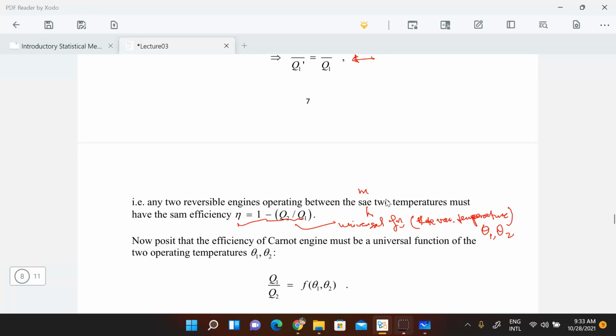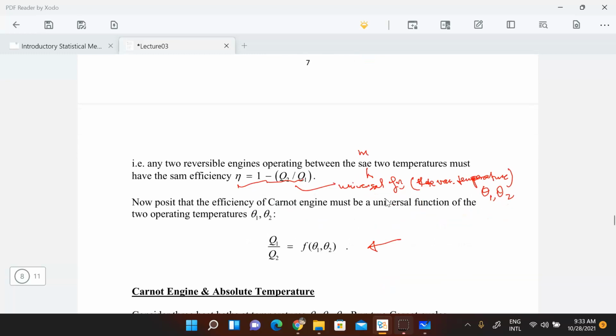The universal function now applies to this ratio. So we now claim that there is a universal function of this ratio of Q1 and Q2. That is the thing that we want to emphasize at this point.